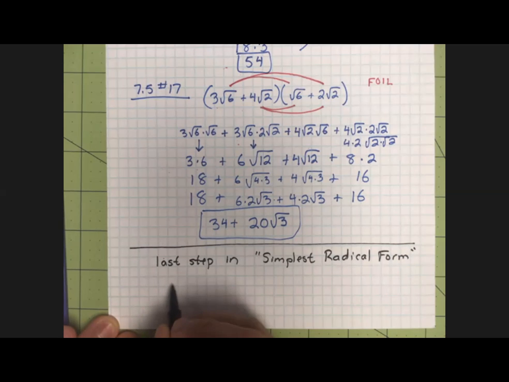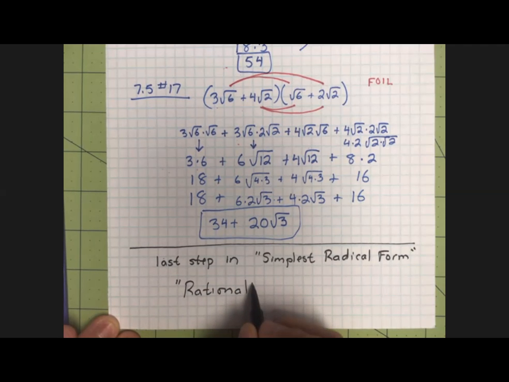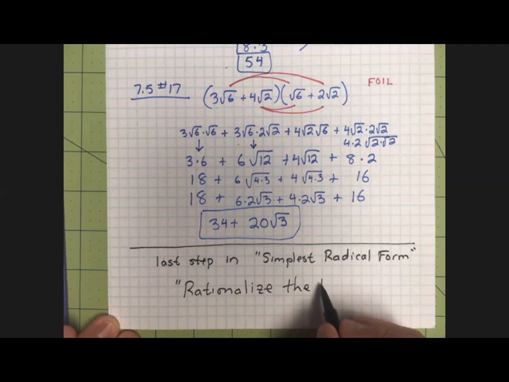And it's called rationalizing the denominator.